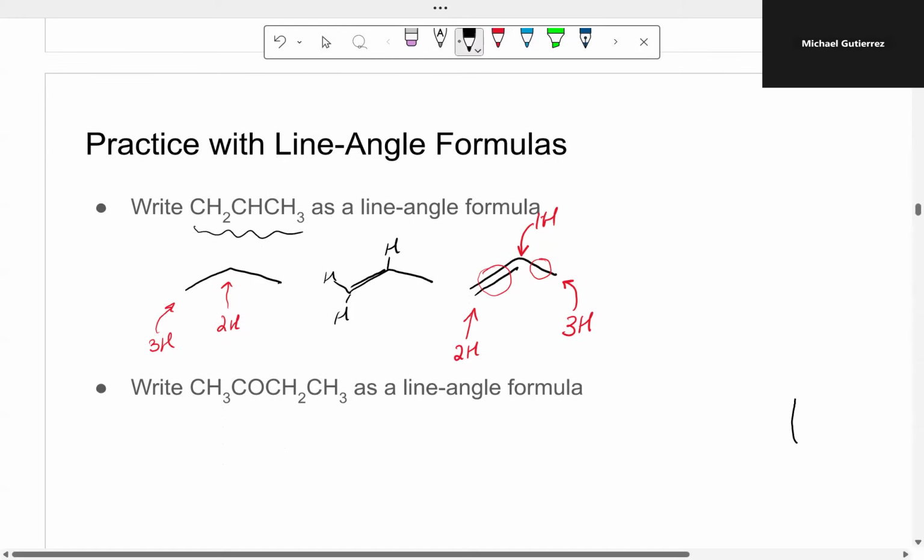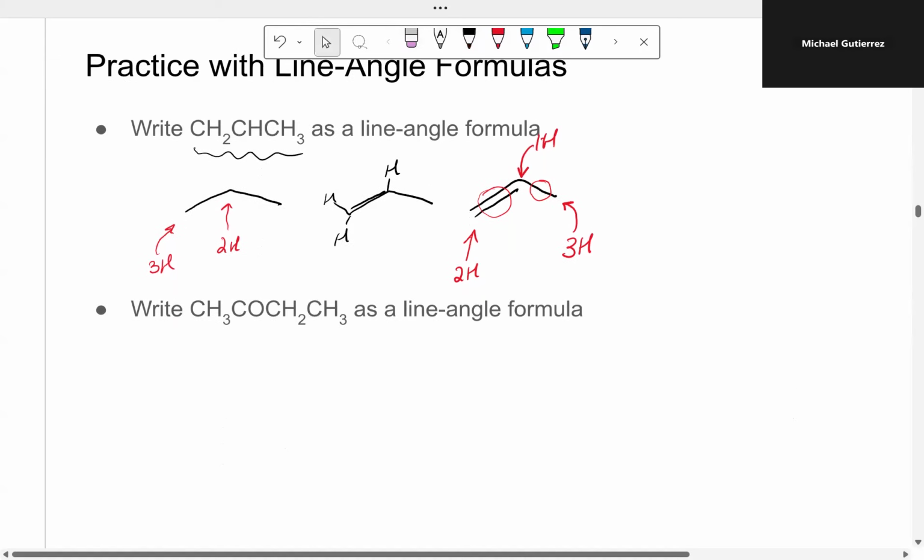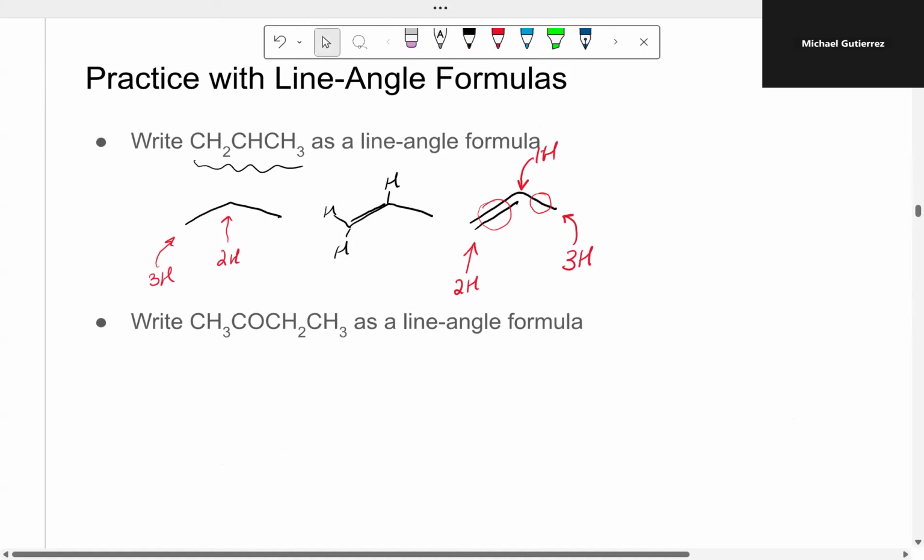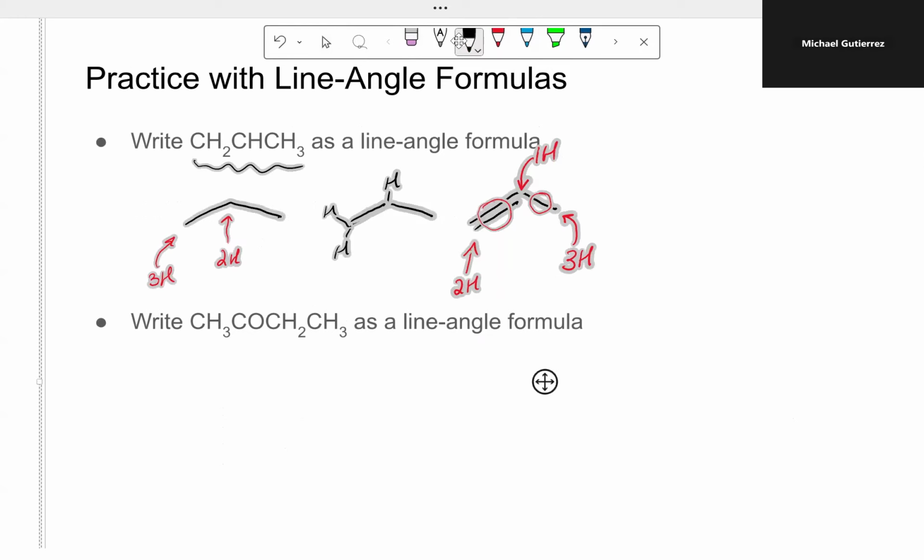Now let's do the same thing for this one. Let's take a step back here and apply something we did in the last lecture. What does it mean when I put parentheses here on this oxygen? Well, it means that this oxygen is supposed to be attached to only that carbon, and that carbon only. But this carbon's still attached to this one, and it's still attached to this.